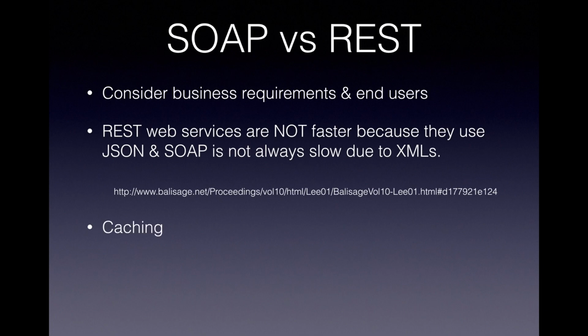Coming to the third point, it's caching. Caching is a feature that is available to RESTful web services. But is it going to be useful for your particular web service requirements? Let's say you are building a web service to expose some stock option prices. Now, the stock industry is very volatile and the price changes all the time.